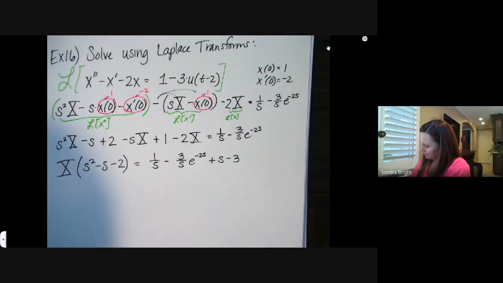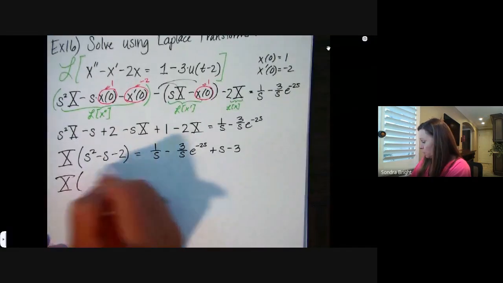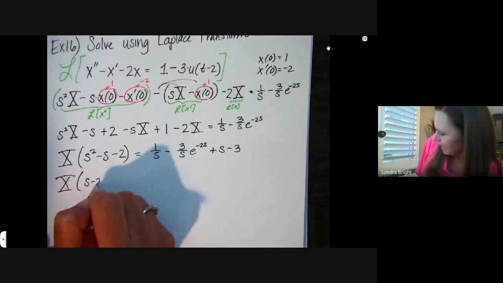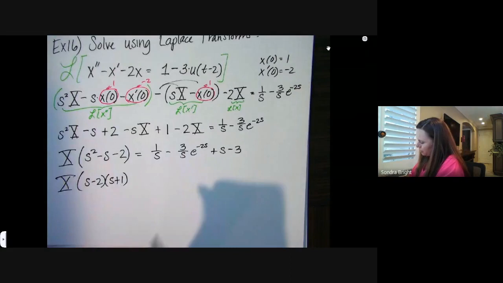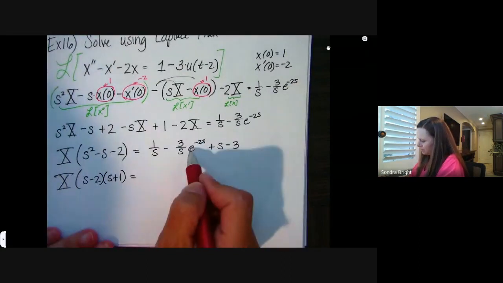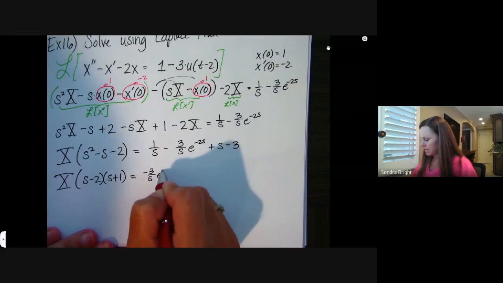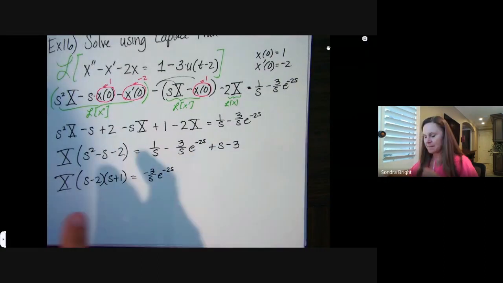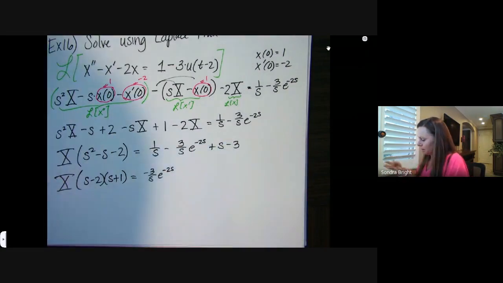Well, this factors. This is s minus 2 times s plus 1. And then over here, I'm going to leave the minus 3 over s, e to the negative 2s out front. But then these guys I can combine and make it the same common denominator.